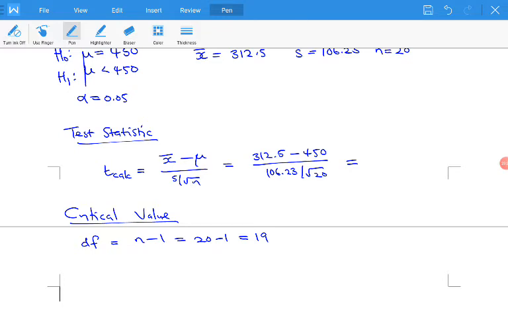So this will give us our critical value is t at 19, 0.01. This is equal to 2.539.